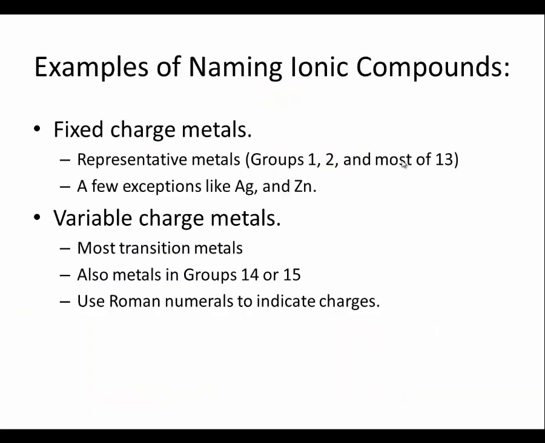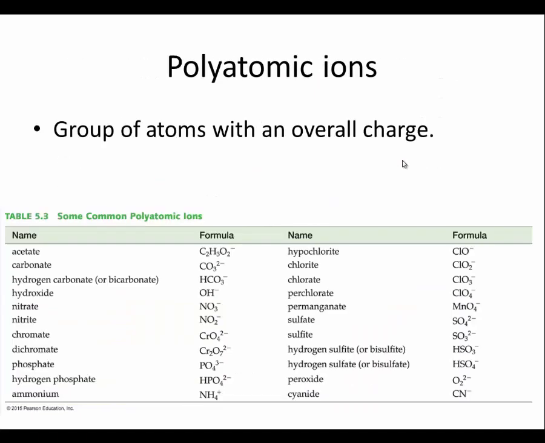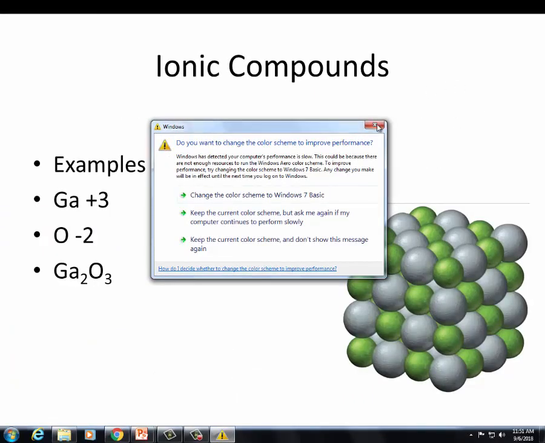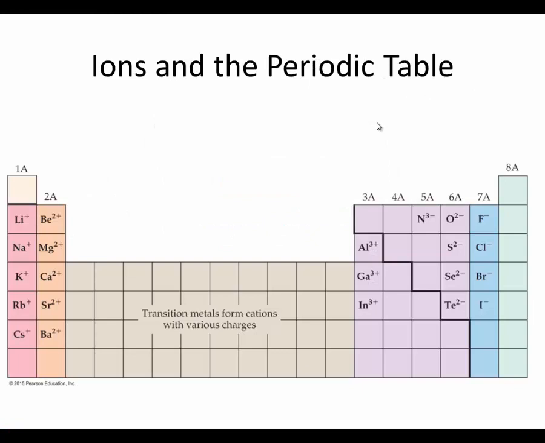Let's go back to that list again. The metals shown on this periodic table are in group 1 of metals that form only one charge. There's only one thing that they can do. Lithium can only be +1. Calcium can only be +2. Anything we're showing here can only have that particular charge.